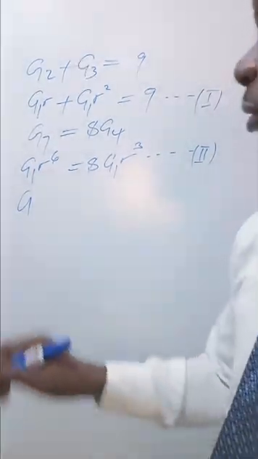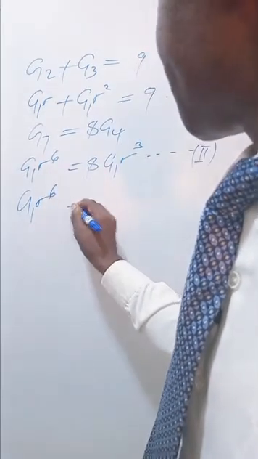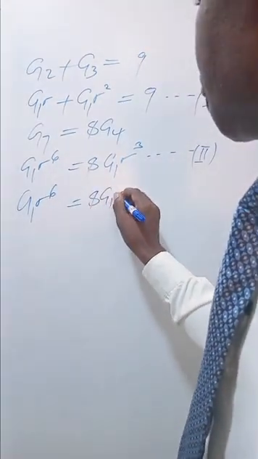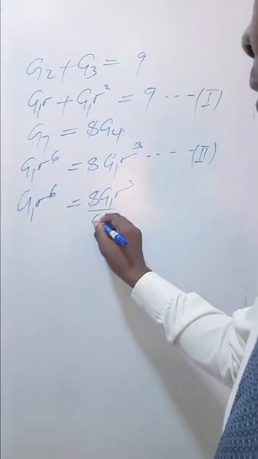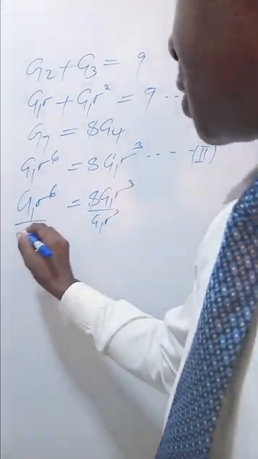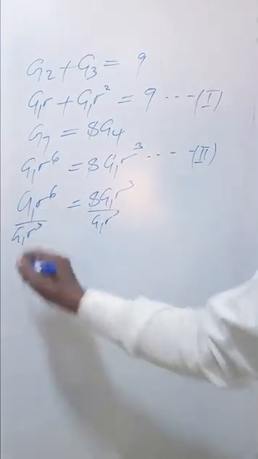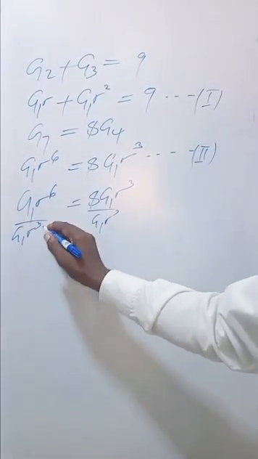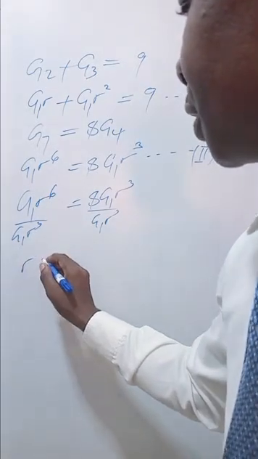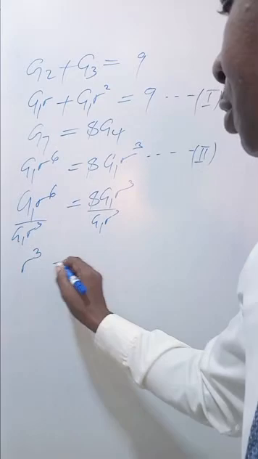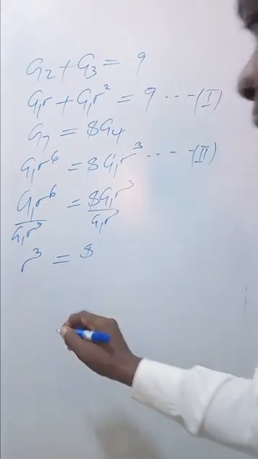What can we do from here? This is G1 R raised to power 6, we said equals 8 times G1 R power 3. Let's divide through by G1 R power 3 both sides. On the left hand side, G1 cancels out, then R power 6 minus 3, we shall have R power 3, and the right side remains with 8.